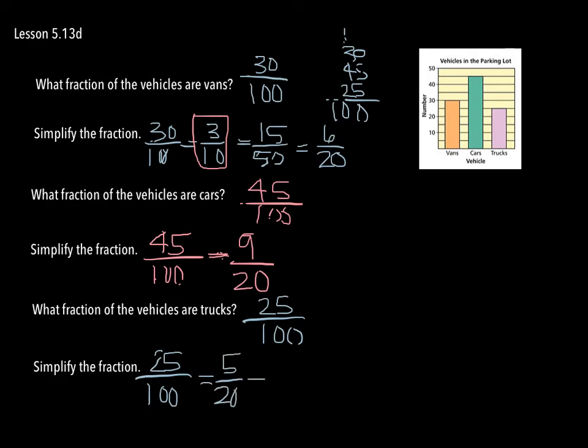And I can continue to divide by 5's, and I'm going to get 1 over 4. I think that's pretty much all I can get. But once again, the lowest terms, the smallest possible, is going to be 1/4. That's the most simplified. And I want you to get used to looking and seeing if you can find the most simplified version of a number.